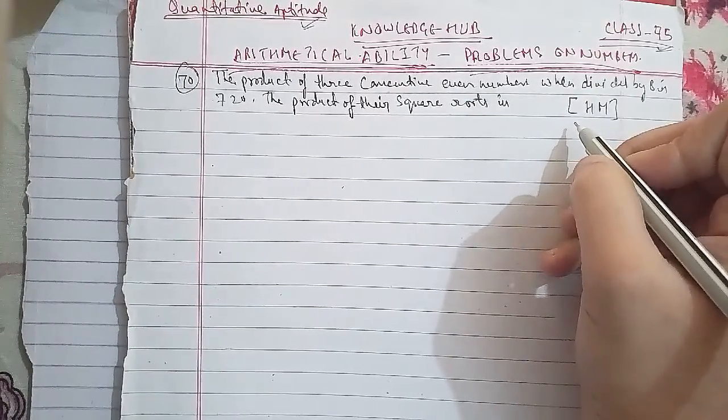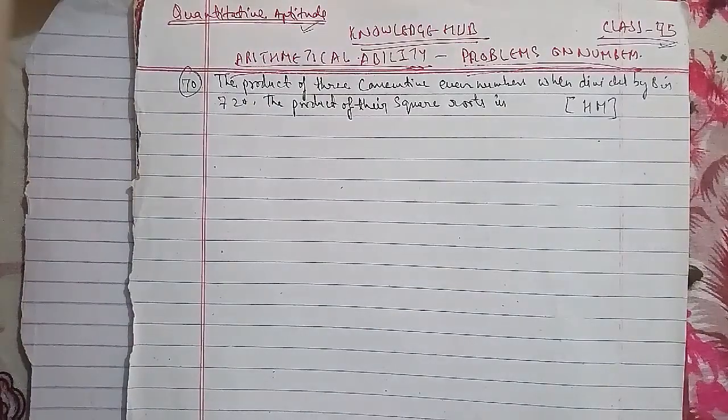As I told you, all these questions are very important. When we are solving them, you have to see the question pattern, and then answer it. So let's go ahead.